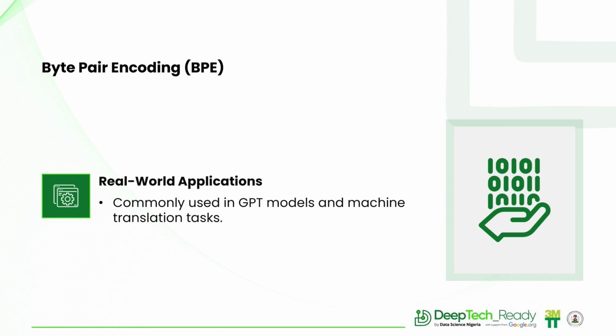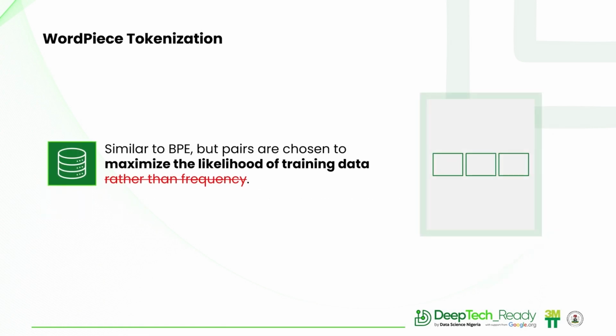Another subword tokenization method is WordPiece tokenization. It's very similar to byte pair encoding. However, its pairs are usually chosen not using frequency, but by maximizing the likelihood of the training data.